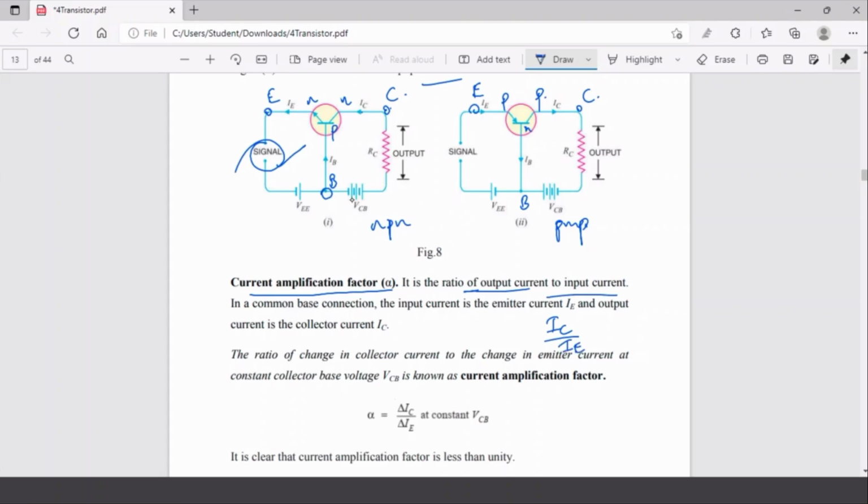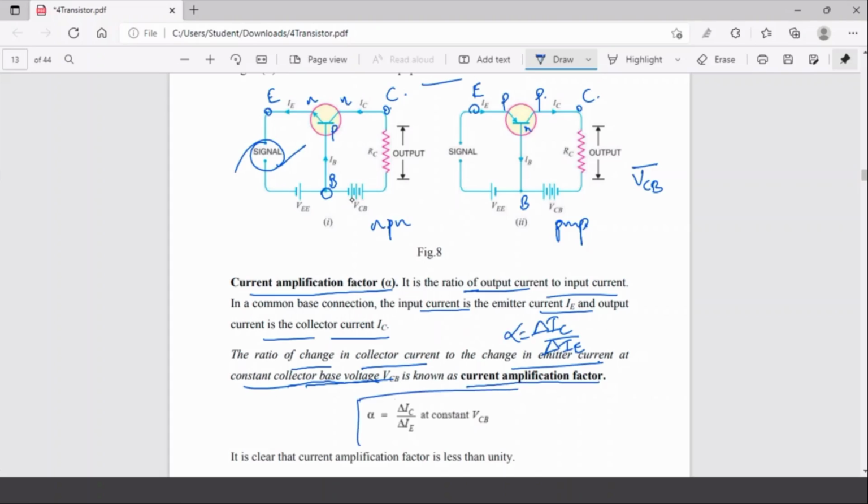So the ratio of, not just these current values, but the change in collector current, delta IC, to the change in emitter current, delta IE, at constant collector base voltage. That means this voltage VCB is kept constant.